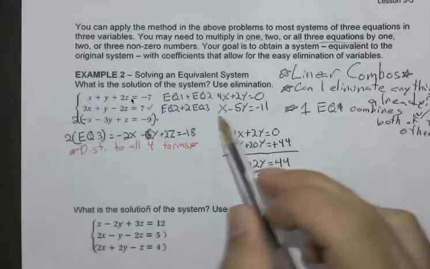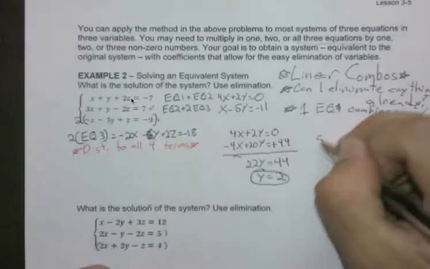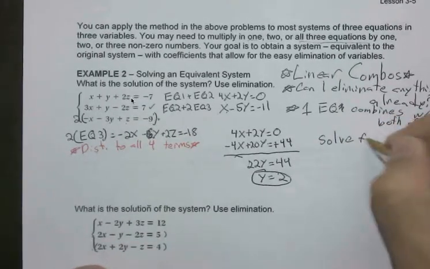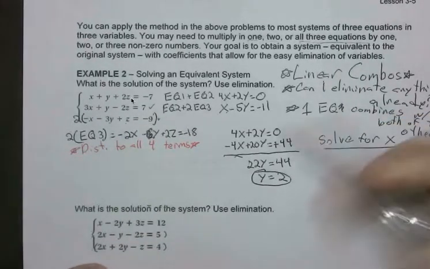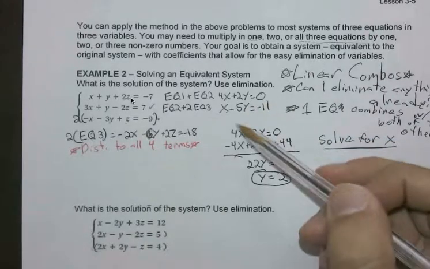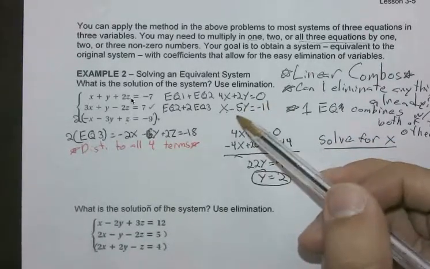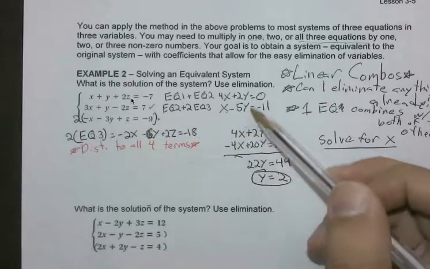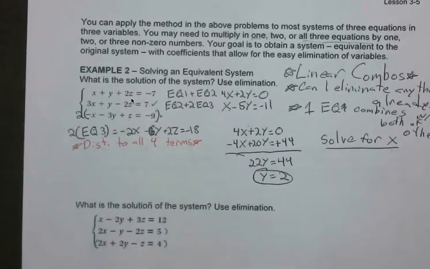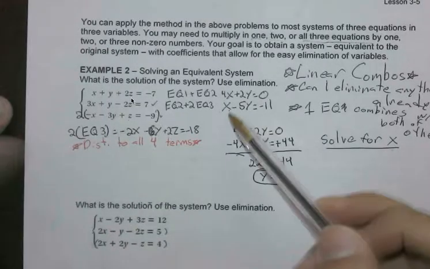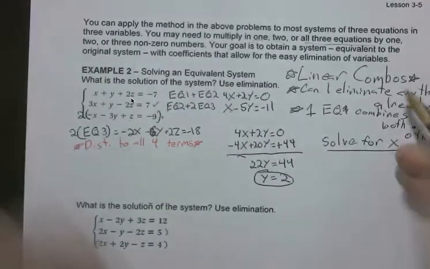If we plug back into equation 2, that looks the easiest. So this is where we're solving for x. We could have picked either of these equations, but the reason I'm picking the second one, well, why do you think? Why do you think I would want to pick this second equation to solve for x? Personally, I think it's because the coefficient for x is 1, and that'll make my life easy.